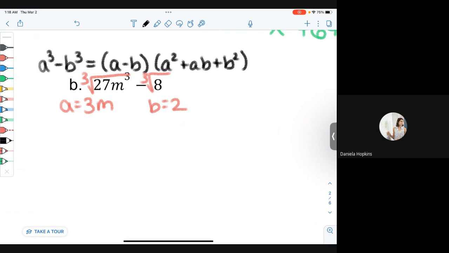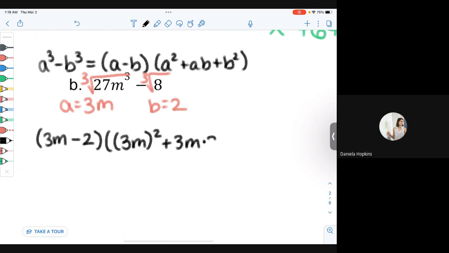So my substitution will be 3m, my a, minus my b, which is 2. It's this first part here. And then the second part, here I'm going to have to add parentheses because I do need to be careful. It's a squared, which means it's all of 3m squared, not just 3m squared where the square is only on the m, plus 3m times 2 plus 2 squared.